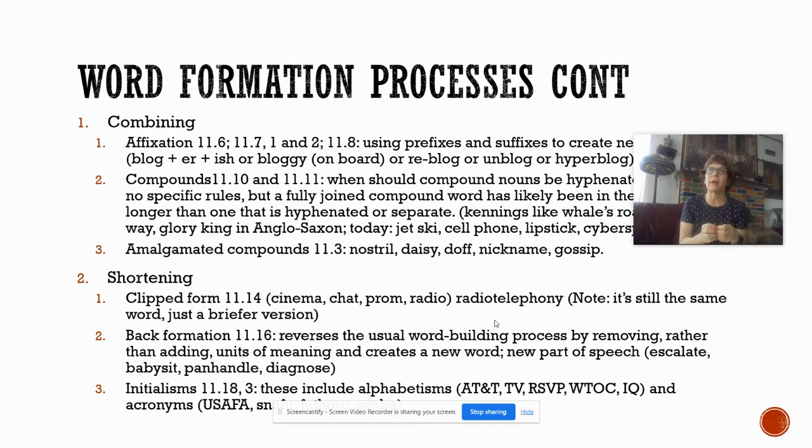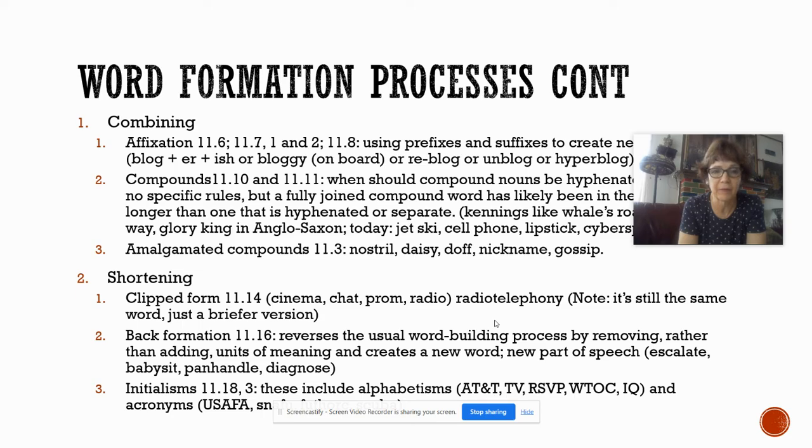Usually we build words. We start with a component like blog, and then we can make it blogger, and we add on, we build on, but sometimes the reverse happens. So we start with a larger word, and then we peel away elements to make a smaller word. Escalator, we had the word escalator first, and then we came up with escalate by taking off that ending. The word babysitter came before the verb babysit.